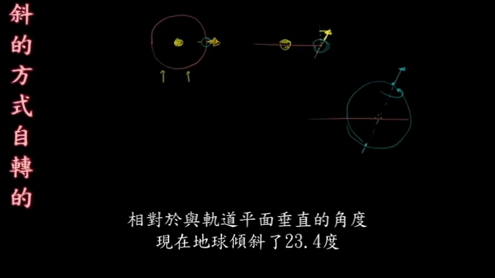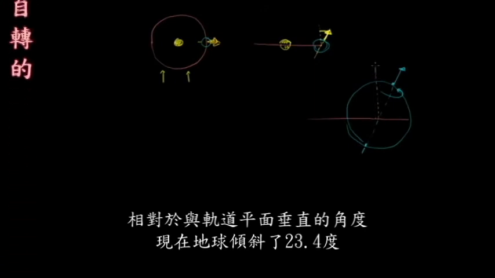And that angle relative to being vertical with respect to the orbital plane, this angle right here, for Earth right now is 23.4 degrees.